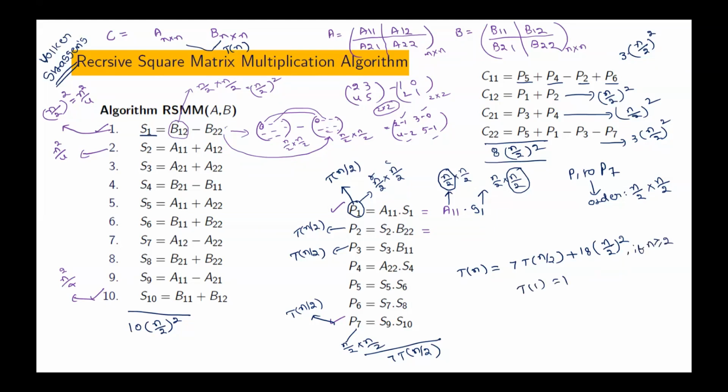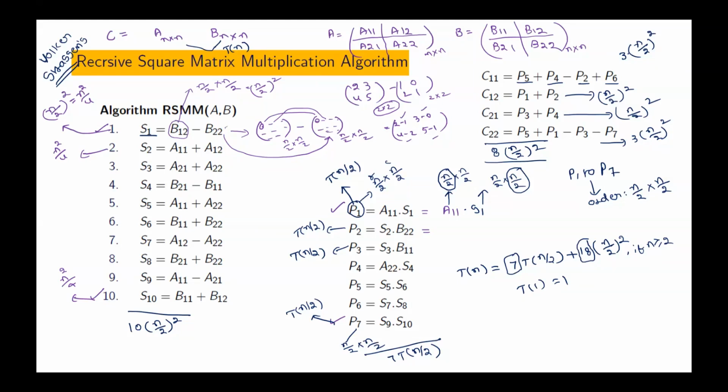Now what does 18 denote here? And what does this 7 denote? 7 denotes the number of subproblems. What does 18 denote? It is the coefficient of f of n, a constant. Any better answer?